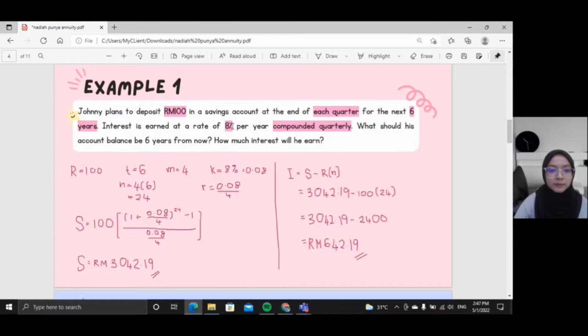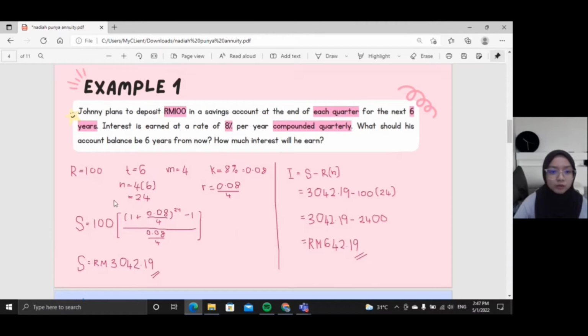So here we will bring out the important information. The R is 100 ringgit and the t is 6 because it's 6 years. It states here the next 6 years. And then the m is 4, which is compounded quarterly.